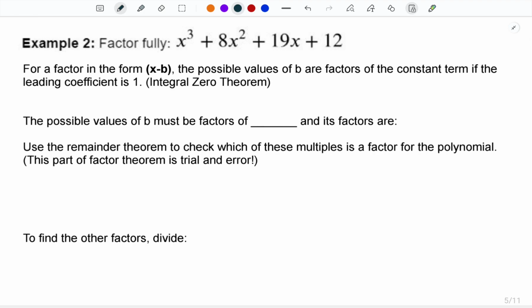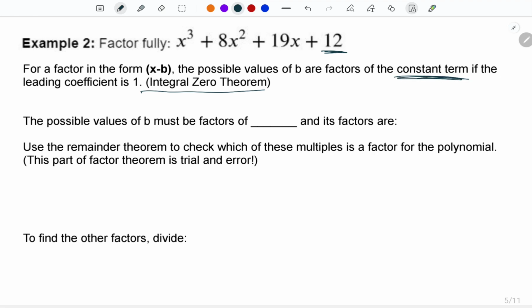And so what we're going to do, and this is called the integral zero theorem, essentially part of the factor theorem, is that the potential numbers that could make this entire polynomial 0 that we need to check are going to be the factors of the final term, of the constant term.